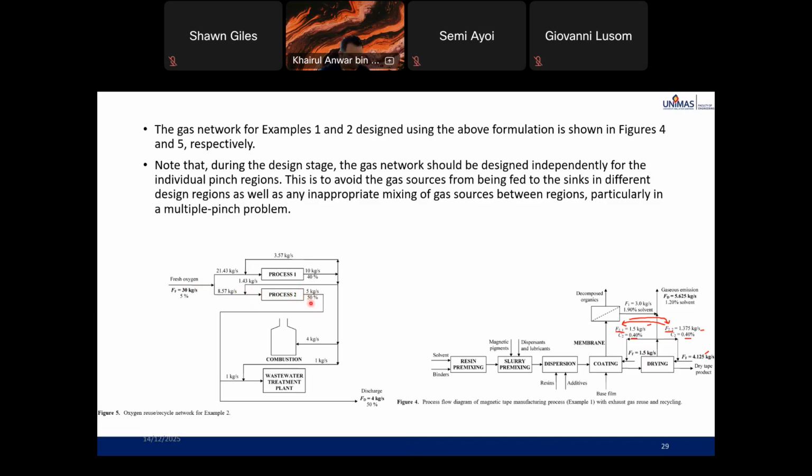There should be this to 50% that goes to the wastewater treatment plant. Some goes to the discharge, 1 kg per second from process two. For wastewater treatment, another 1 kg per second is coming from process one. For combustion, it's supplied by process one.